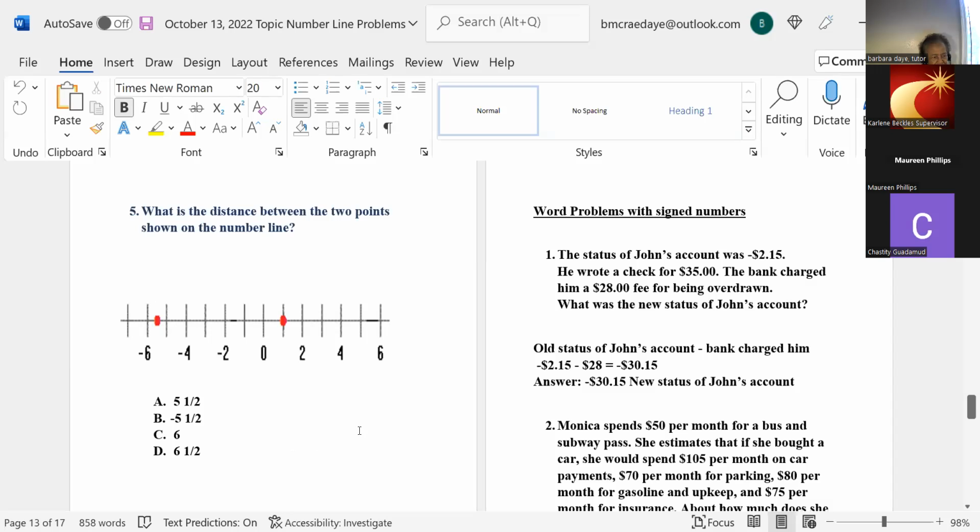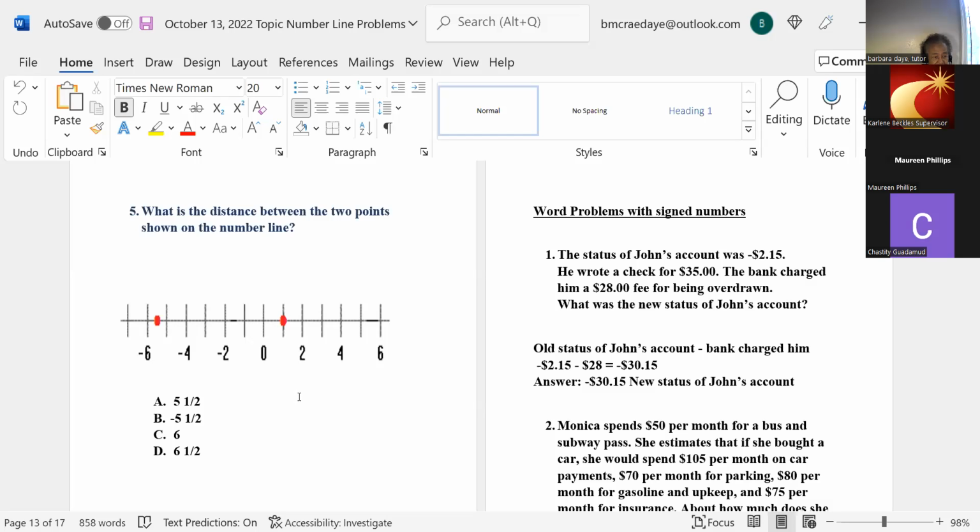The 5 is here. -4, -5, -6. What does the dot between the -5 and the -6 represent? What is that? -5.5.